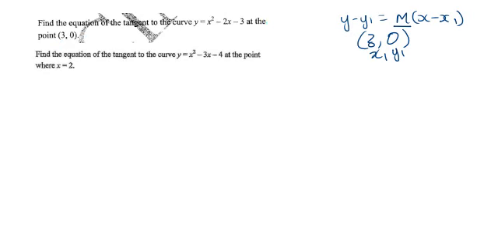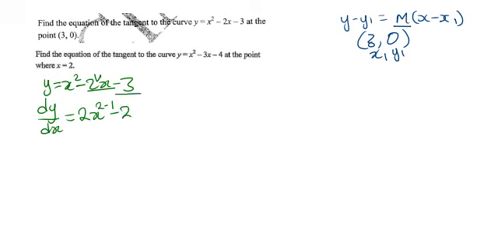When we differentiate, that's where we are going to come up with the m. So, when we say y equals x squared minus 2x minus 3, we are going to say dy over dx is equal to, here there is an invisible 1, so 1 multiplied by 2, it will be 2x to the power 2 minus 1. Then we have negative 2, and a constant number without an x, minus 3, becomes 0.